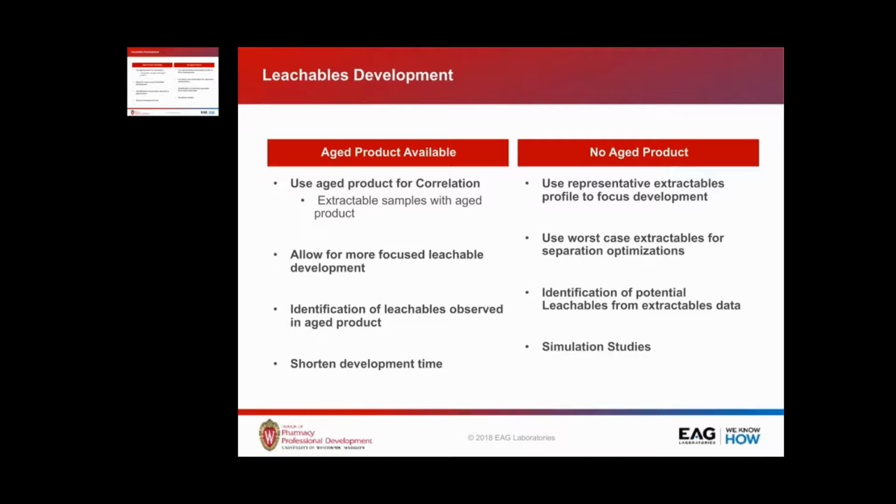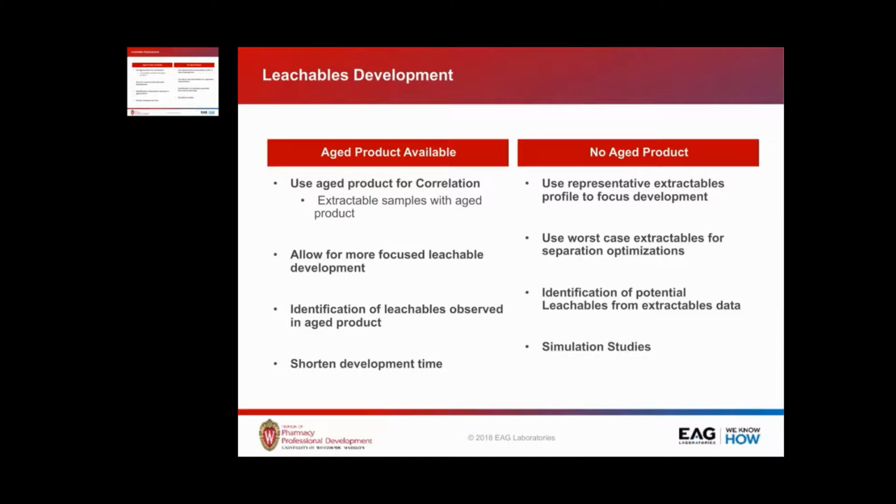This allows for a very focused leachable method development. You're using those aged products to guide you into specifically looking for what you need to identify and what method you need to develop. And it really can shorten that development time.